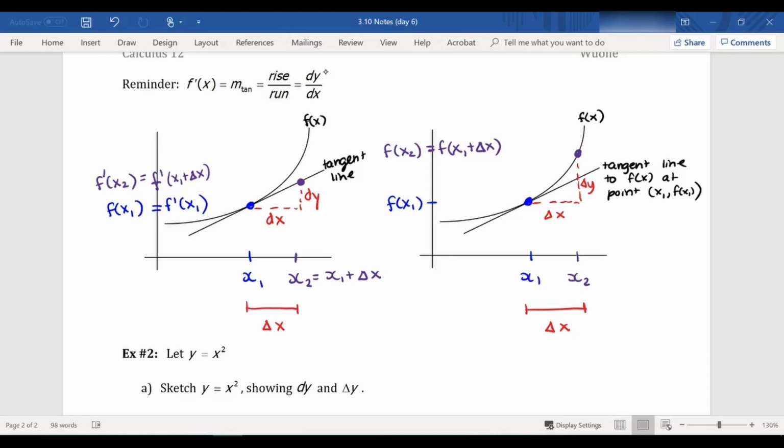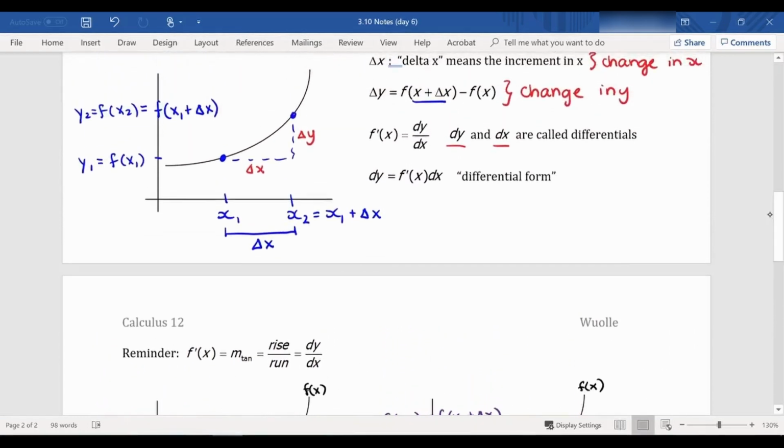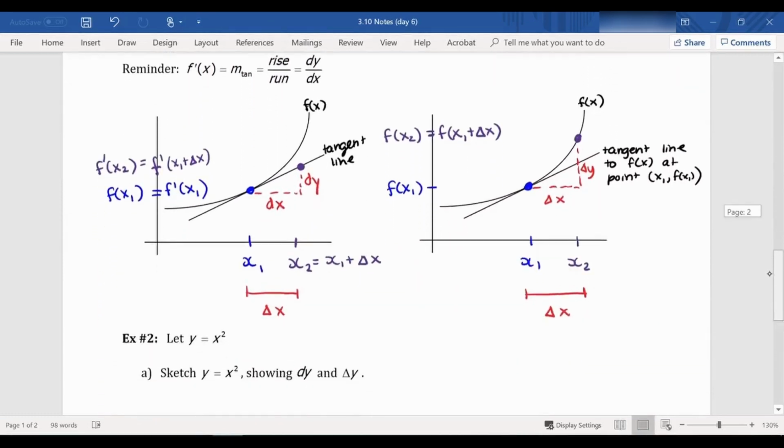Okay. So from the previous page, we know that f prime of x is equal to dy over dx. We know that those are the same. And I can rearrange this and write it as dy equals f prime times dx. That's called differential form. dy and dx are called differentials.